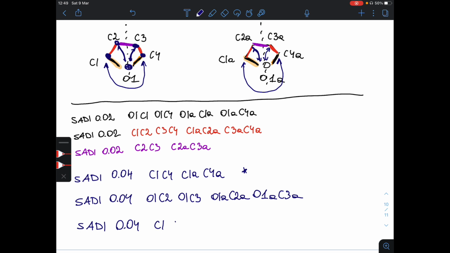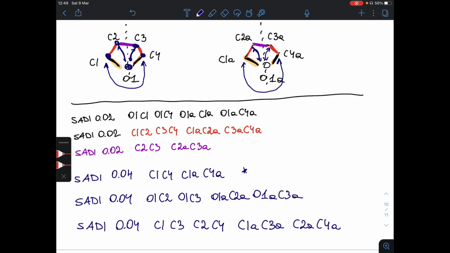C1 C3, similar to C2 C4, similar to C1A C3A, similar to C2A C4A. And I think that's all in terms of 1,3 distances.